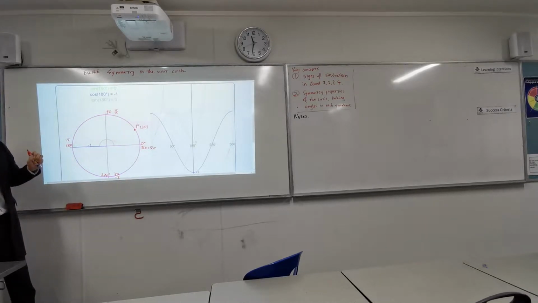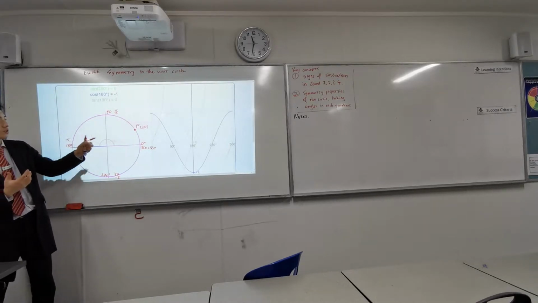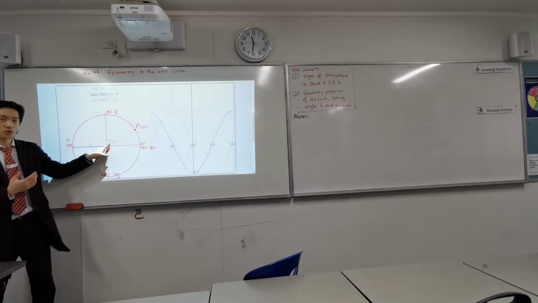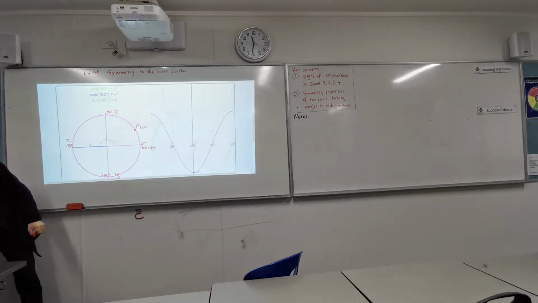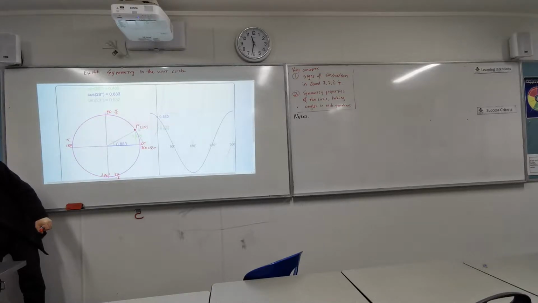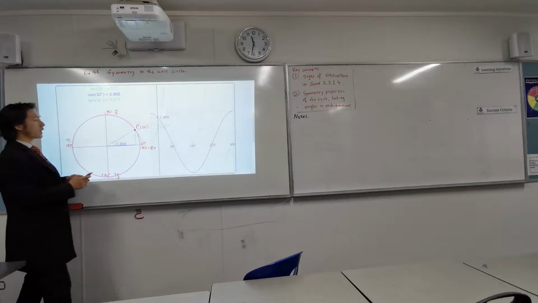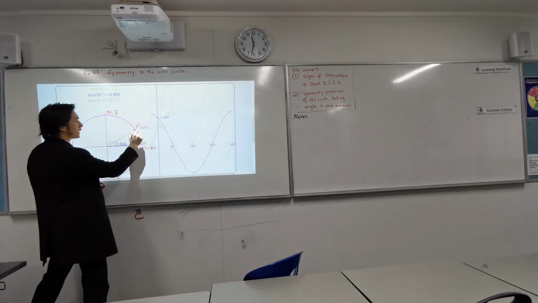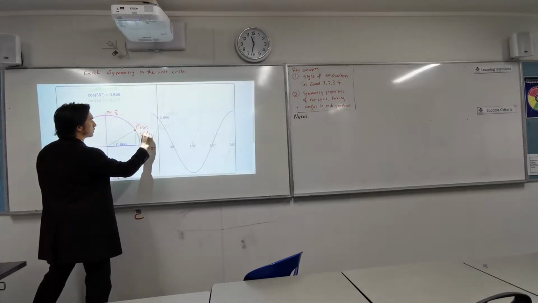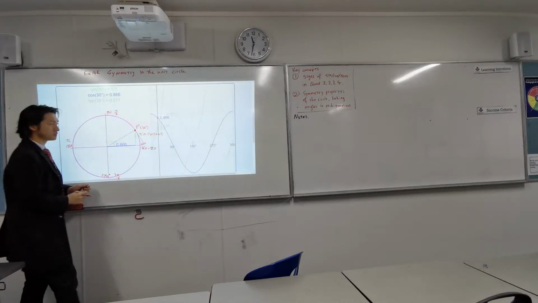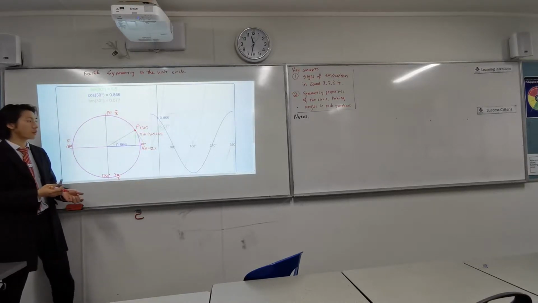Now, what we're going to do first is to see some symmetry properties in our unit circle. I'm going to bring our point back to 30 degrees. And we notice for a fact that at this point sine at 30 degrees is 0.5. Turns out to be exactly 0.5.